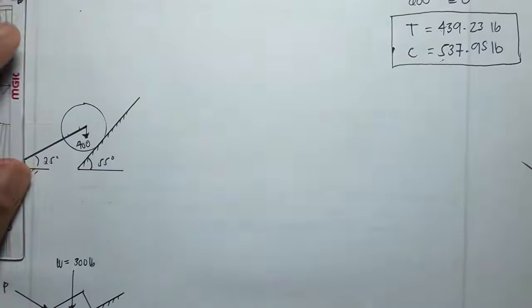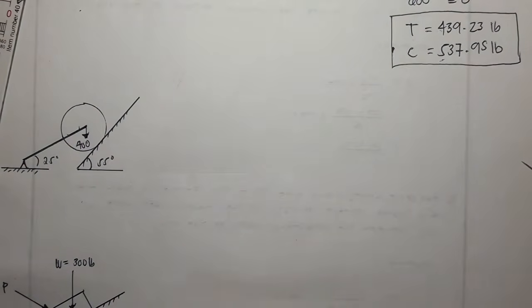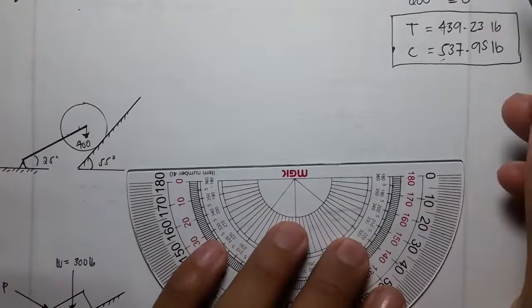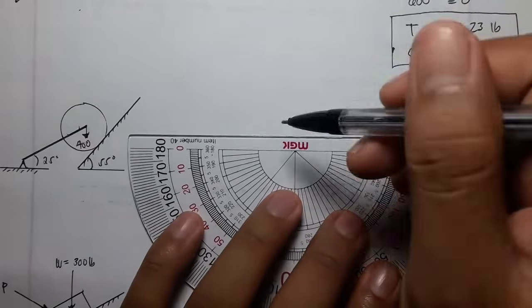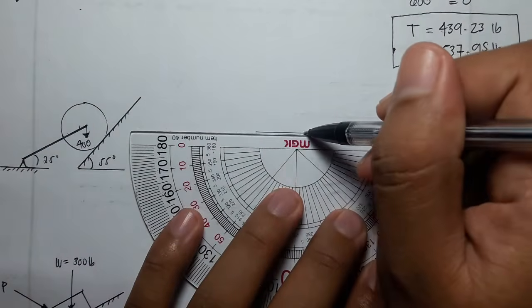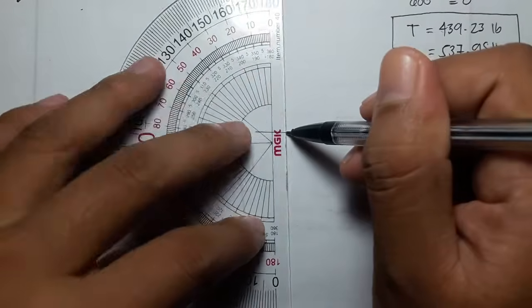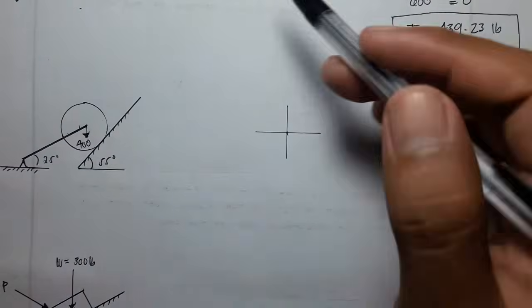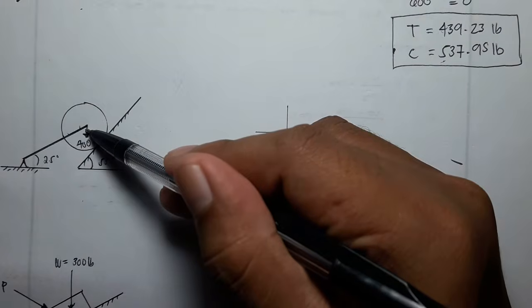It is given in the book. So now for the FBD of this system, I will just make a cross here that represents the center of this cylinder.